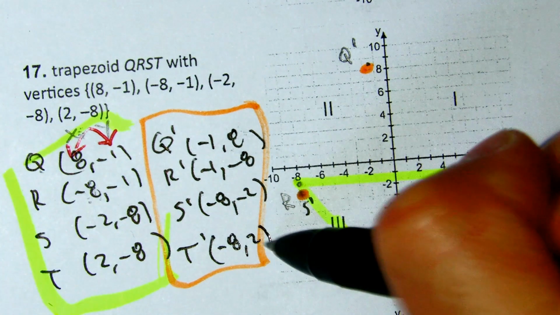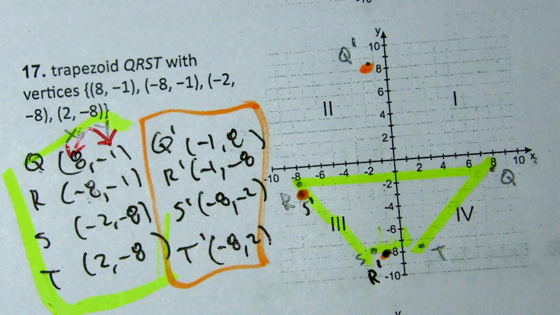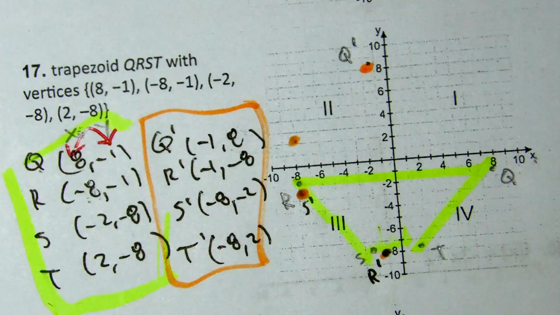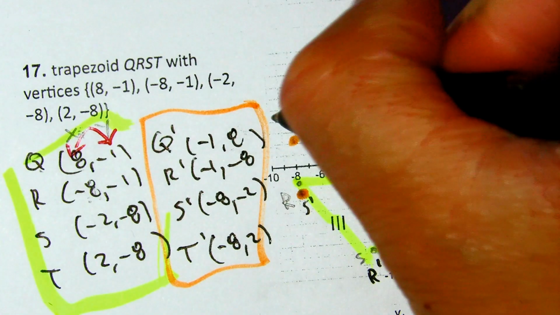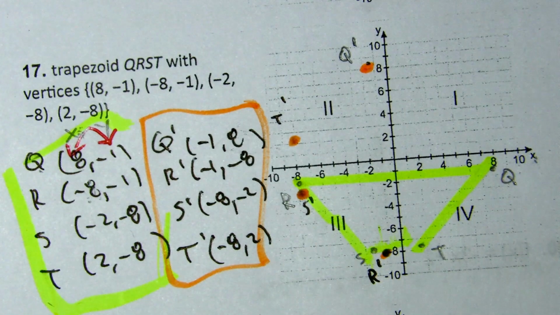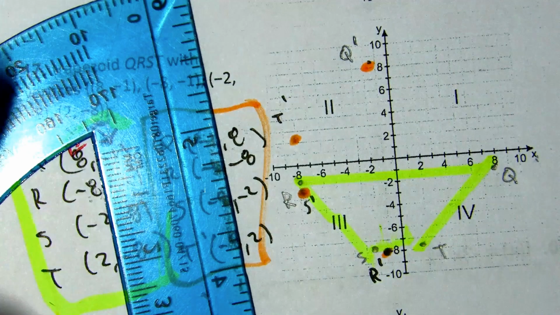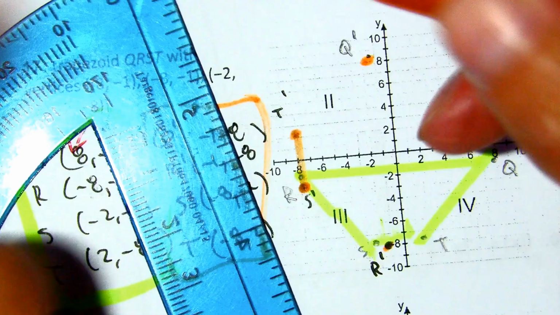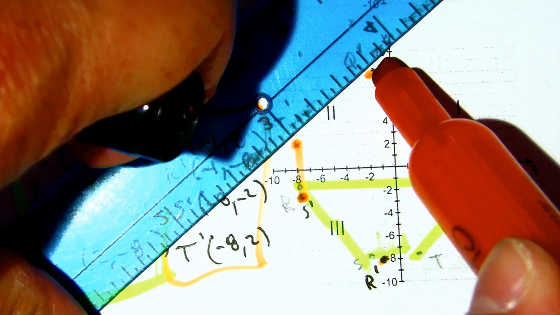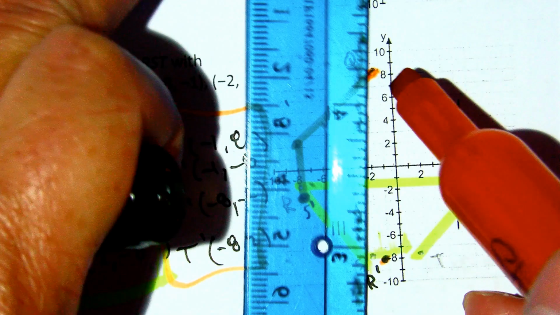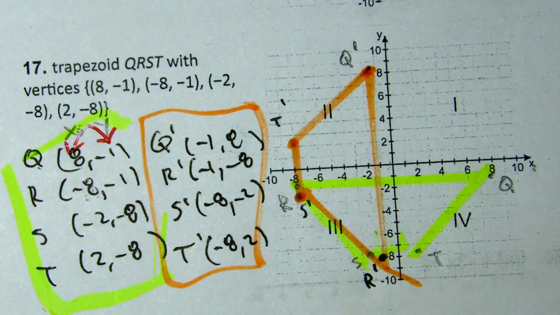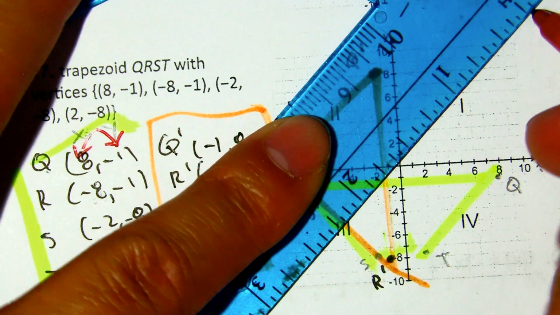Yes. How do I graph that? And then hopefully you guys can see that it's being reflected over this line.